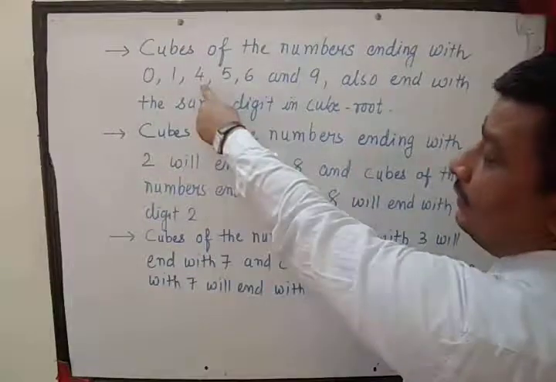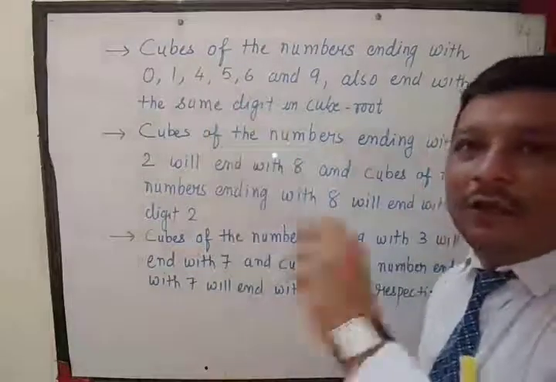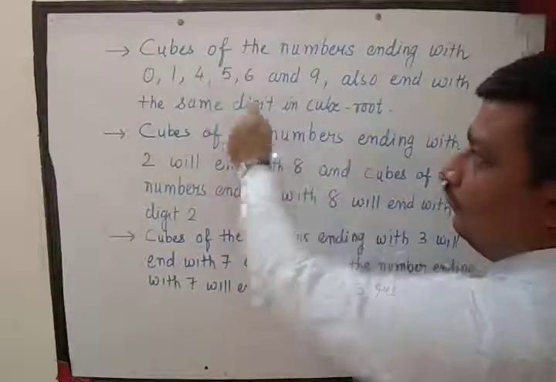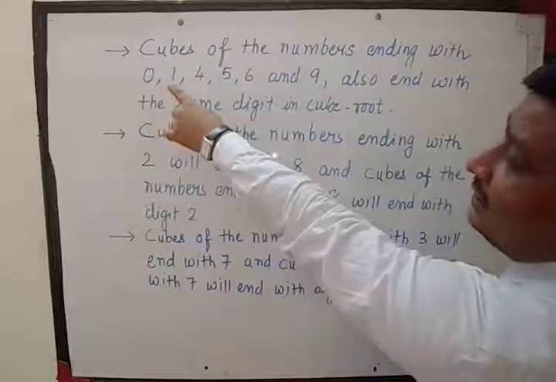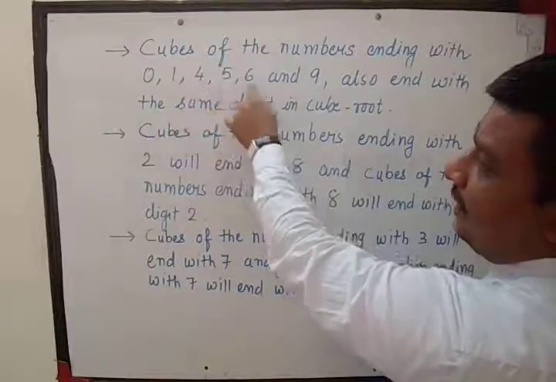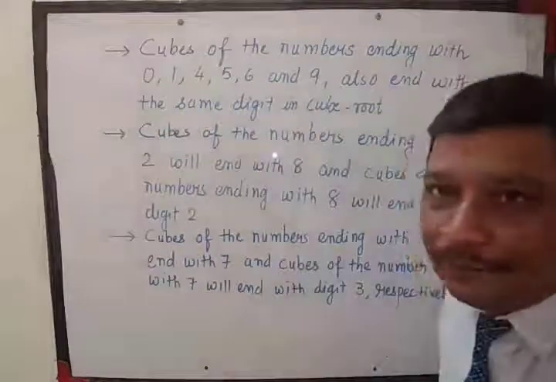If the cube has 4 at unit place, the cube root will also end with 4. Same way for the numbers having 0, 1, 4, 5, 6 and 9.